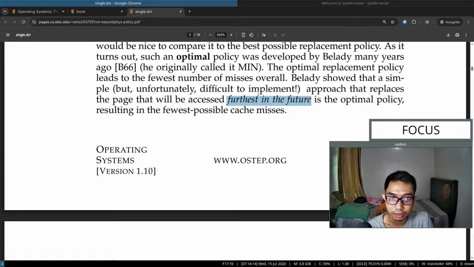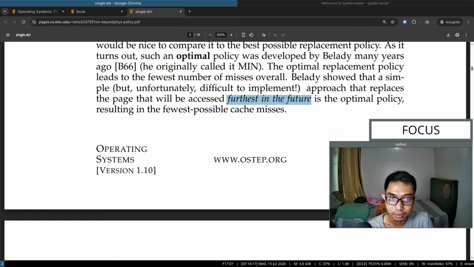Like how do we know what memory will be accessed furthest in the future? Like a year in the future, or maybe 2 years in the future. Maybe that is the difficult part.